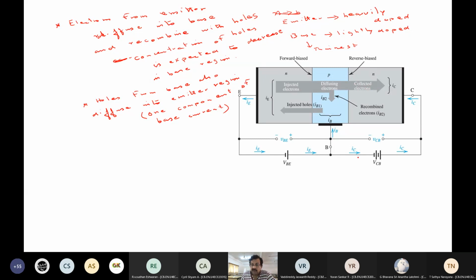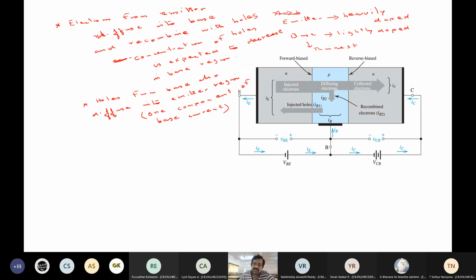So under active mode operation, you want the electrons, and this is the most important point: the electrons from the emitter need to escape the recombination and reach the collector. For that, we need to drive with sufficient forward bias. Not only that, the main thing is the base needs to be thin so that they are able to escape and reach.